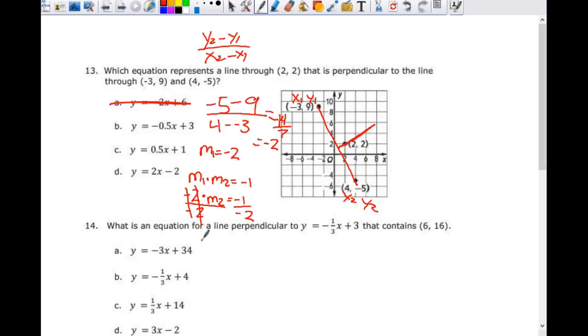Let's figure it out mathematically. We know m2 is equal to negative 1 over negative 2. Negative 1 divided by negative 2 simplifies to 1 over 2. 1/2, yeah. It would be C.